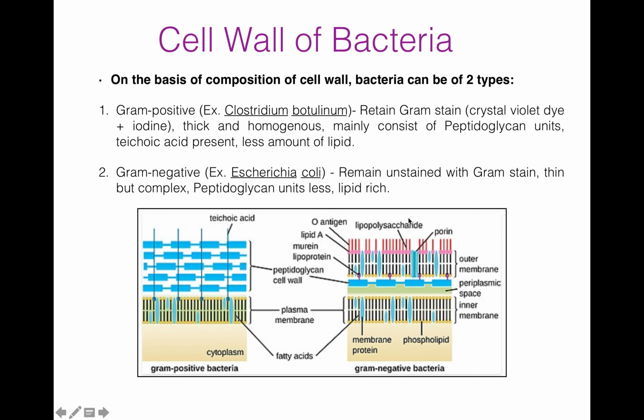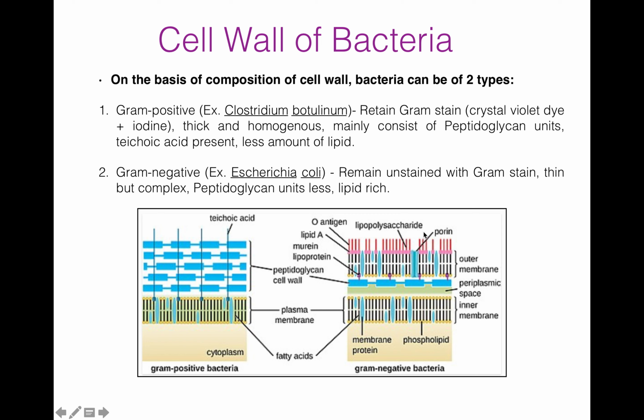The characteristic feature of this cell wall is the presence of an outer membrane layer just above the peptidoglycan layer. This is the outer membrane, this is the peptidoglycan layer. Most of the lipopolysaccharide is present in the outer membrane.